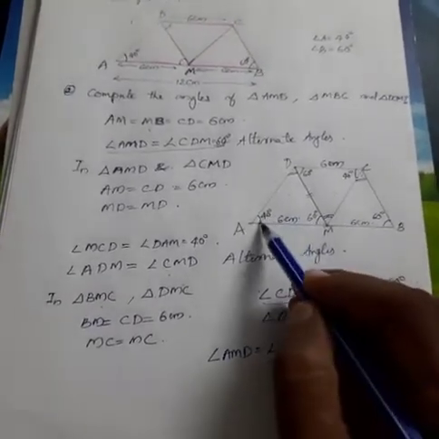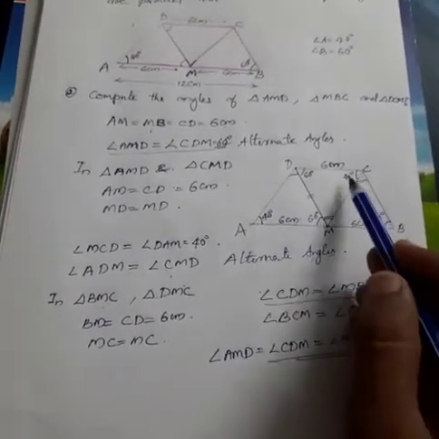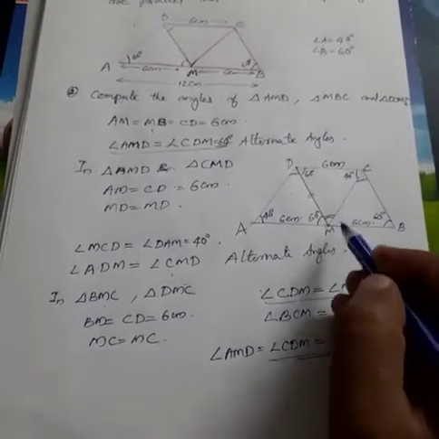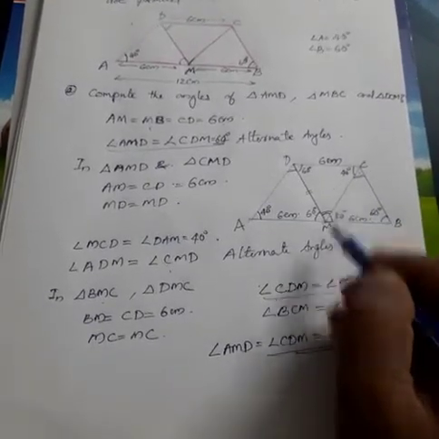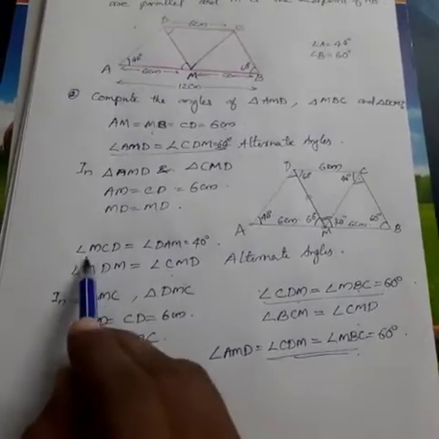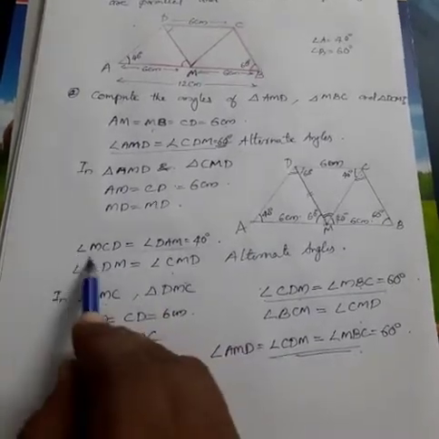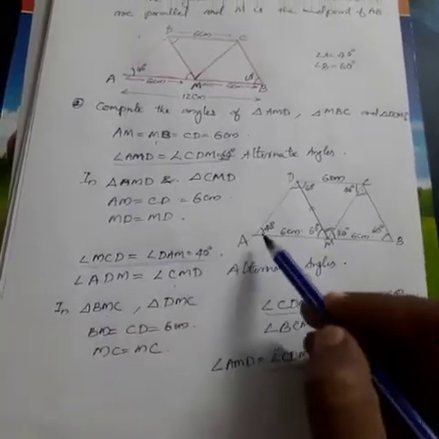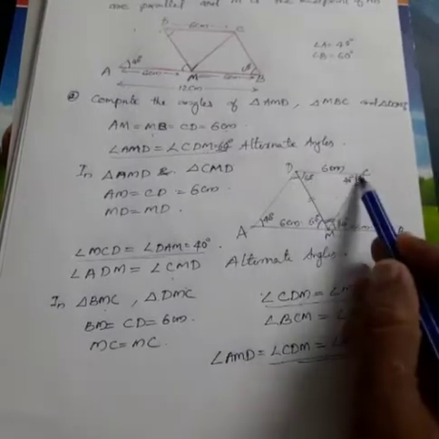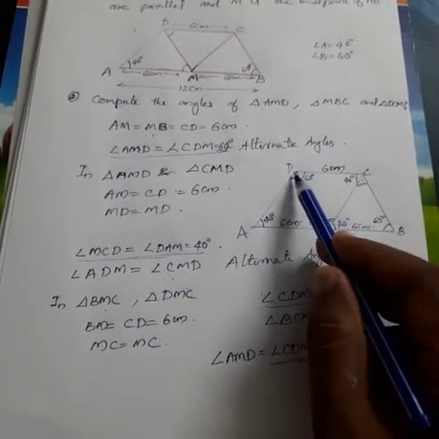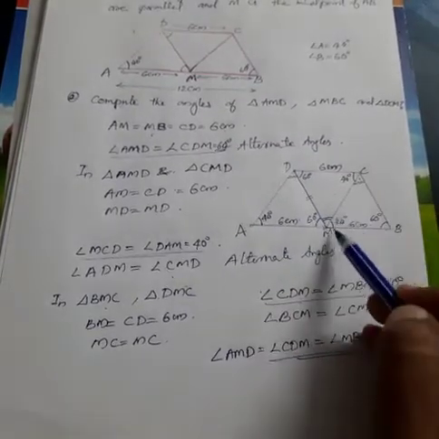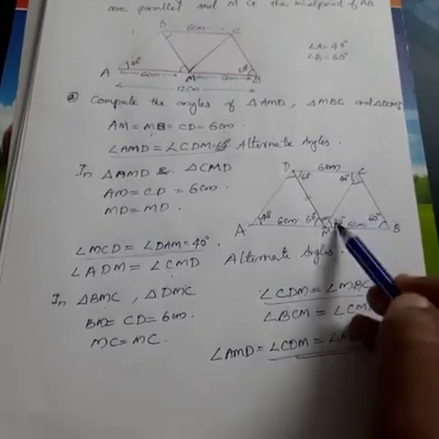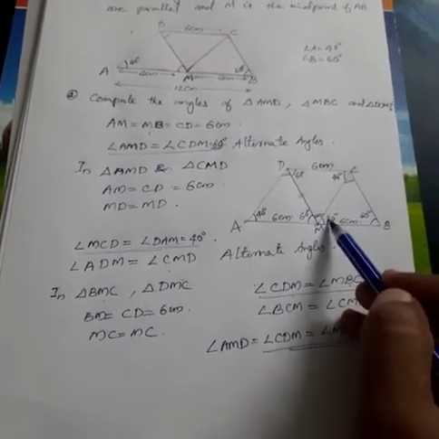Next, this angle is 40, this one is 40, the alternate also 40 degrees. We already got angle MCD is equal to angle DAM is equal to 40. MCD, DAM and BMC equal to 40.